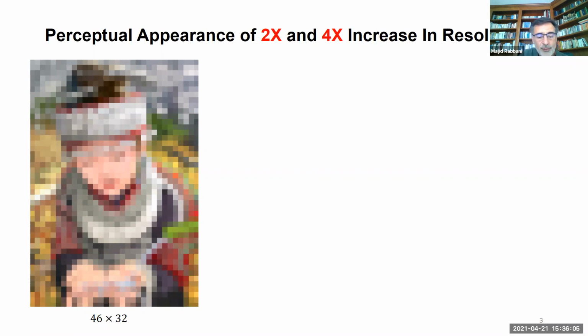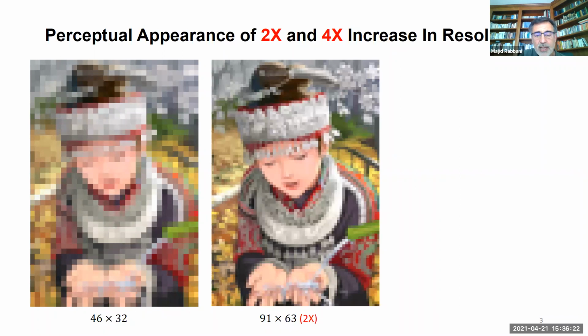Look at this 46 by 32 pixel image. You can hardly make out any detail. If we improve the resolution by a factor of 2, which means 2x horizontally and 2x vertically, so that every pixel is replaced by 4 finer pixels, then we get a resolution improvement of 2x. And you can see the perceptual difference.